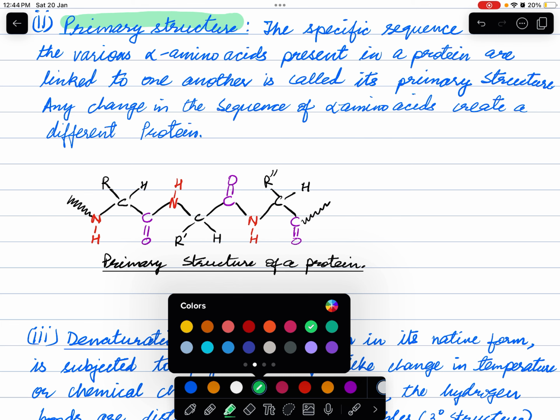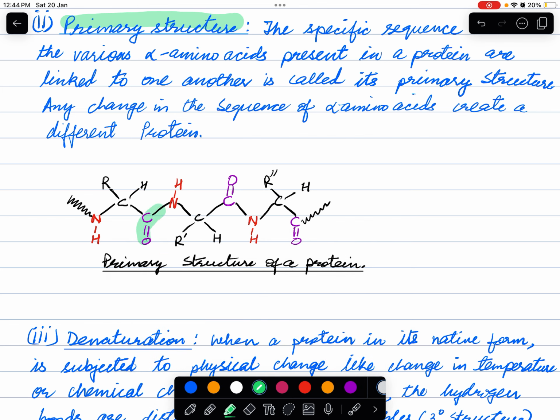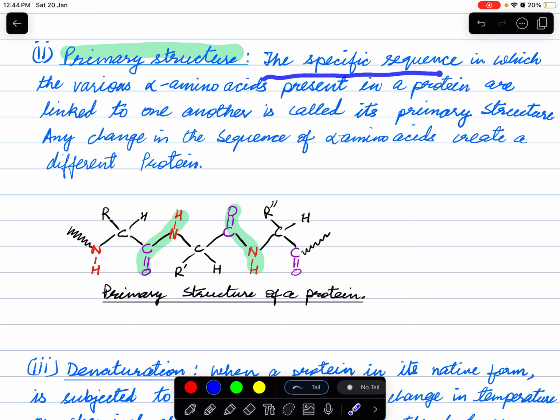this is the connection between two groups. This is the first group. This is the amide linkage here. The similar type of linkage we have on this side also. So primary structure is defined as the specific sequence in which the various alpha amino acids present in a protein are linked to one another.